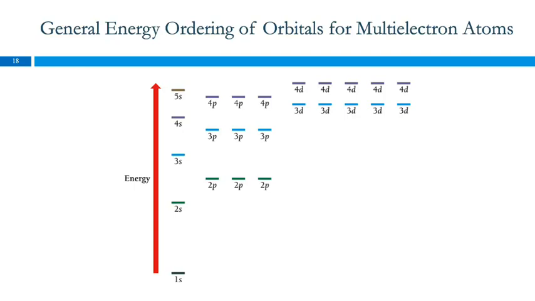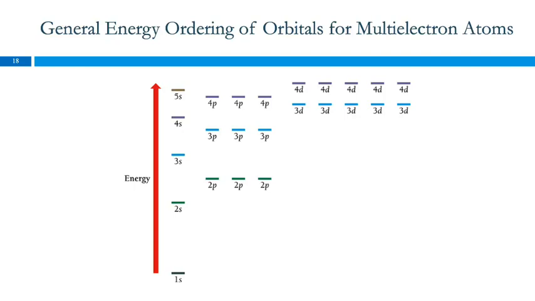I'm going to show you in a minute how we can see this ordering on the periodic table. It's on there, it's hiding in plain sight. So 4s and then 3d, and then the next highest is 4p, and then 5s and 4d, and it's all crazy mixed up after that.